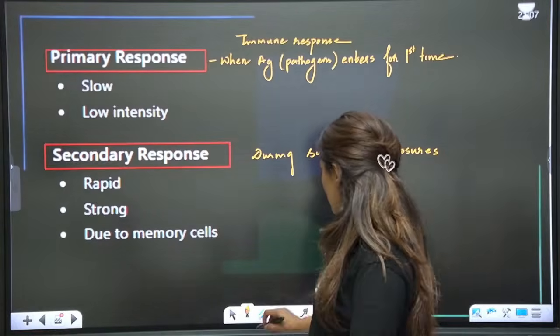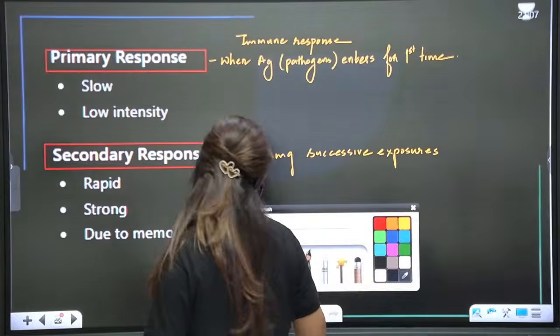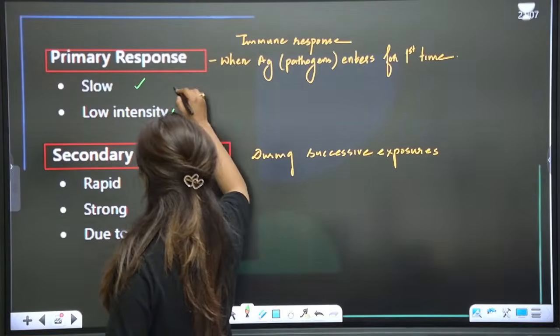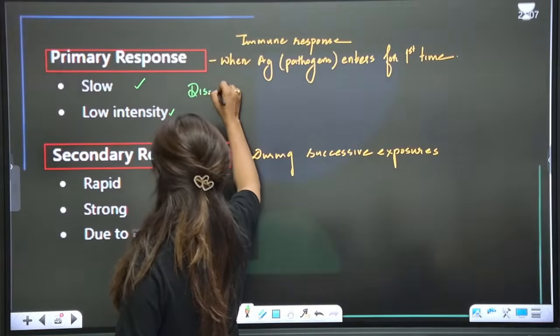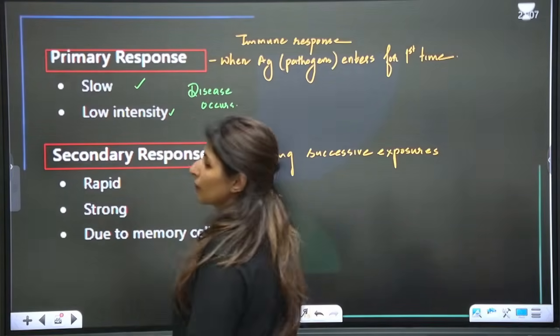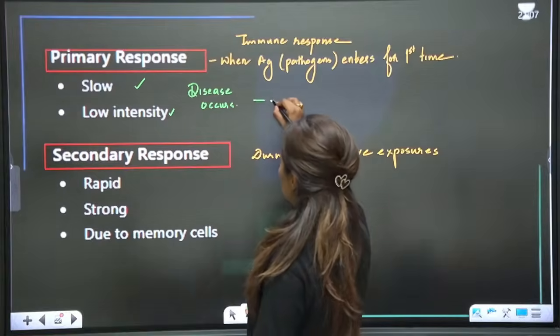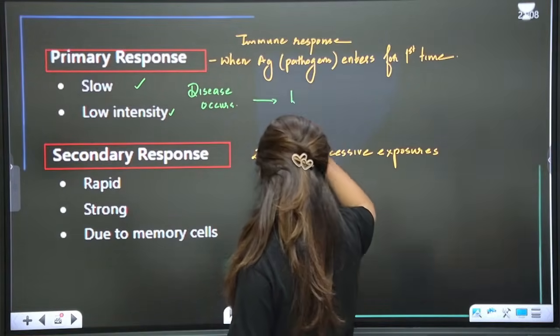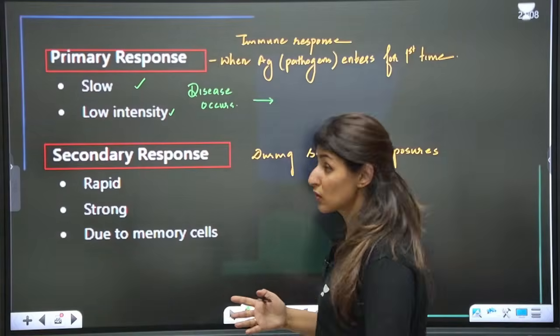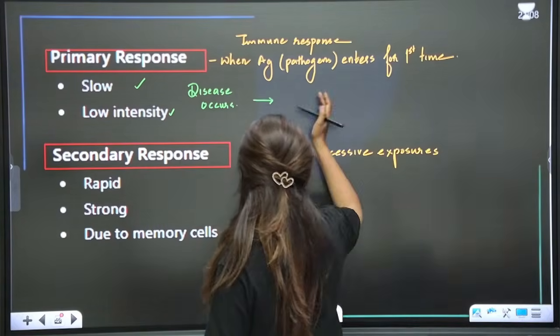Is that clear? So this one is slow, low intensity, and disease occurs during this phase. But it is going to act for a long time.